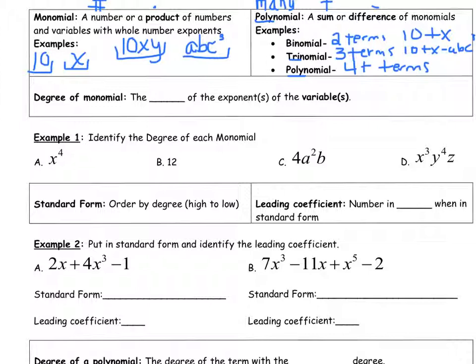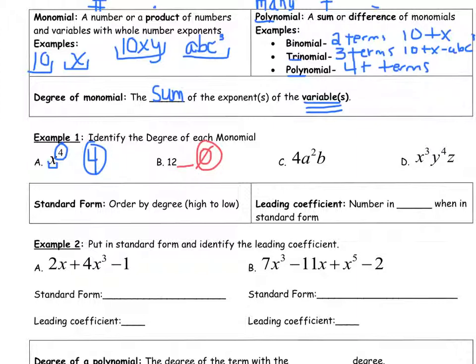The degree of a monomial is the sum of the exponents of the variables. So all we need to look at are the letters. In A, x is a letter, the only exponent there is 4, so the degree is 4. When I look at 12, there are no letters, so the degree is 0.